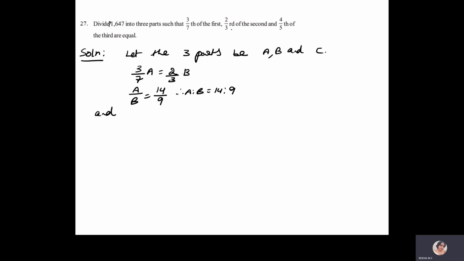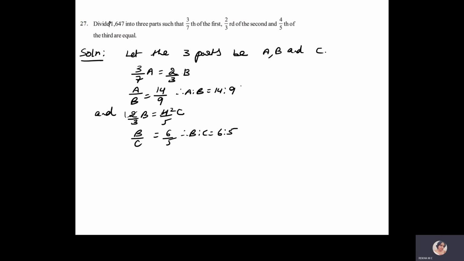And 2 by 3rd of the second and 4 by 5th of the third are equal. 2 by 3B is equal to 4 by 5C. So that can be written as B by C is equal to 2 into 3, 6 by 5. Therefore, B is to C is equal to 6 is to 5.